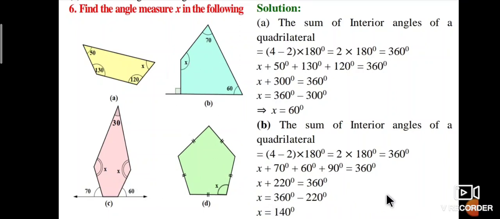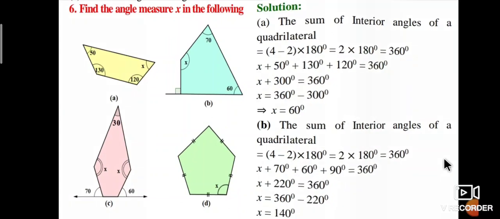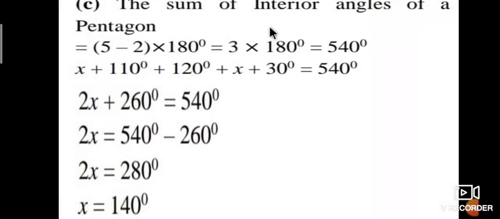Third figure, observe this one. The sum of the interior angles of a pentagon is (5 minus 2) into 180 degrees, that is 3 into 180, that is 540 degrees.